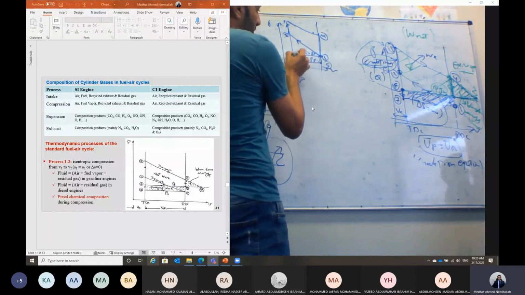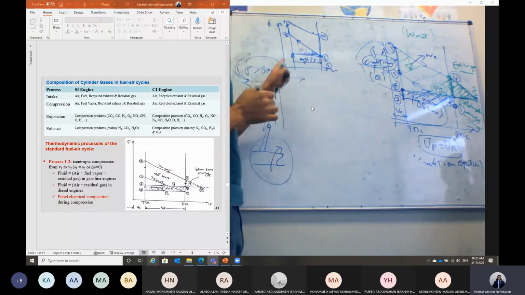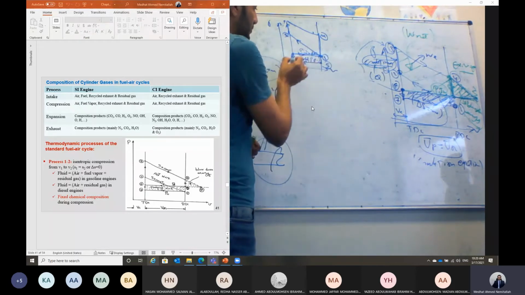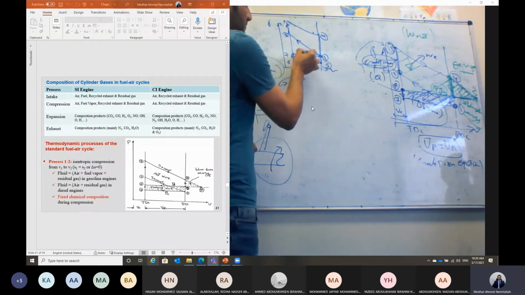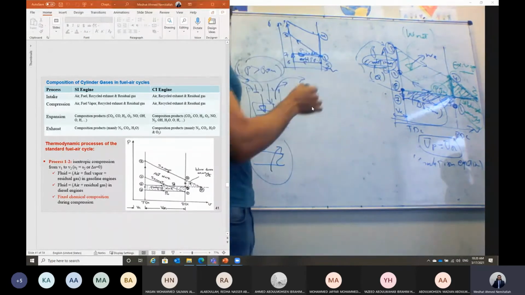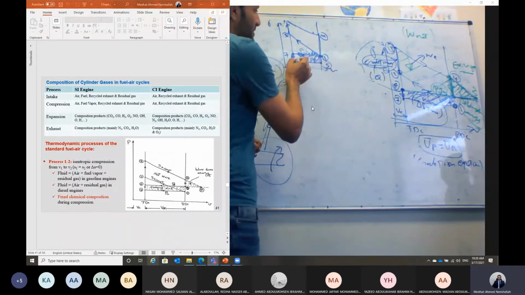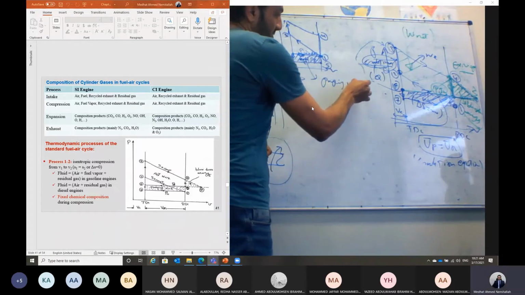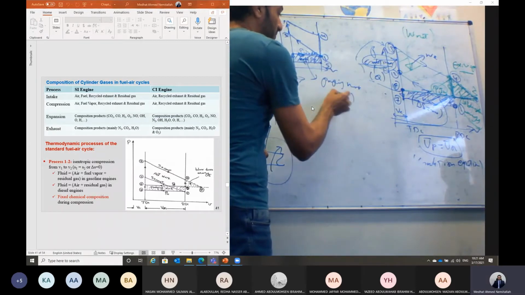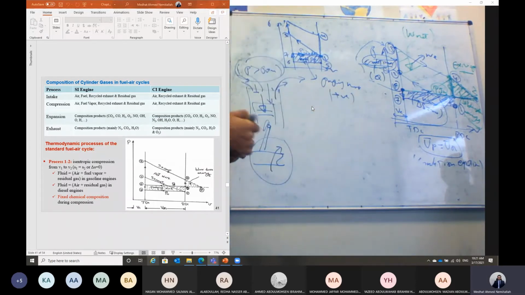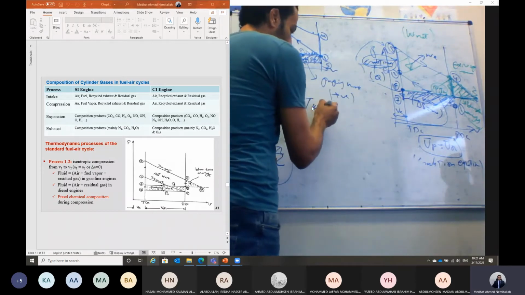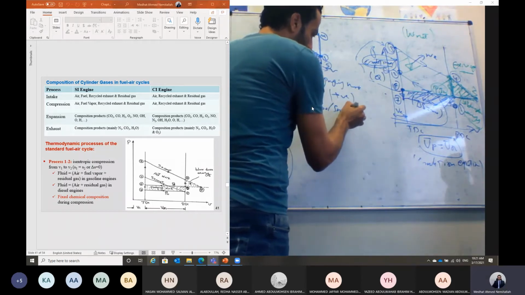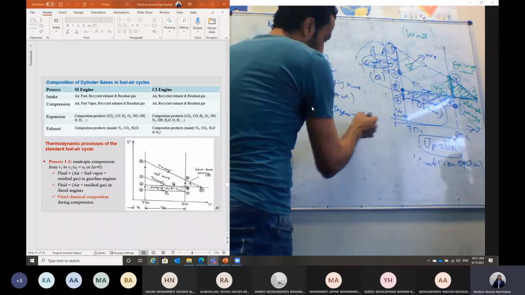And then in this case we can go up, and then we can have the intake stroke from, let's say, 5, 6, 7. We can have the intake from 7 to. And this area, Shabab, will be representing the pump work. But this pumping work, in this case, will have a positive value. This is in case of turbo or supercharged engines.